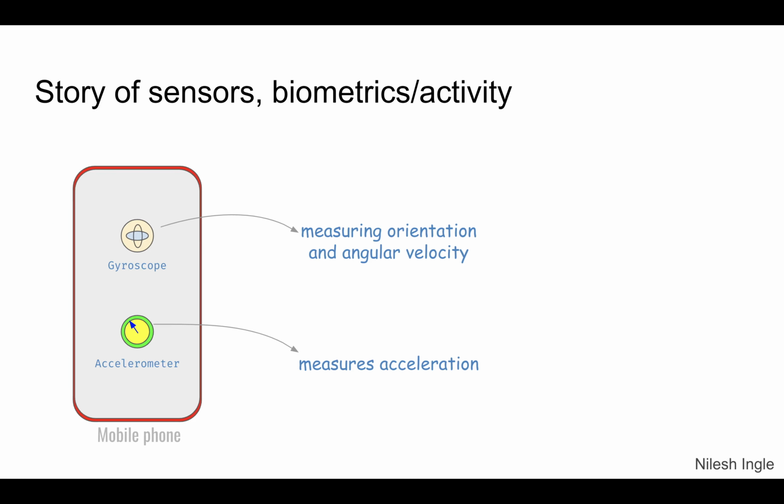Now, this is a short story about the background behind the data. In a mobile phone or a smartwatch, we have a gyroscope and an accelerometer. They measure different things. The gyroscope measures angular velocity and orientation, and the accelerometer measures acceleration.